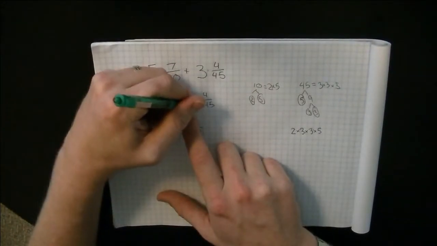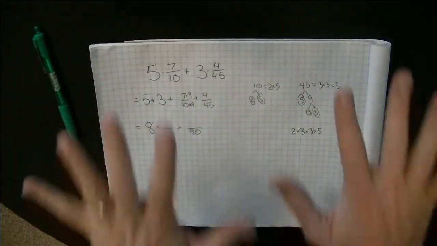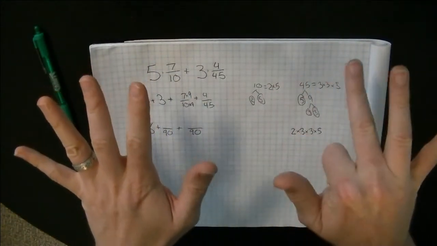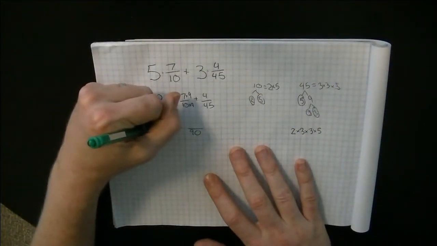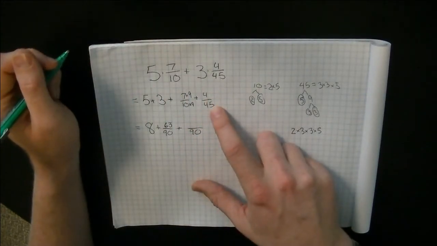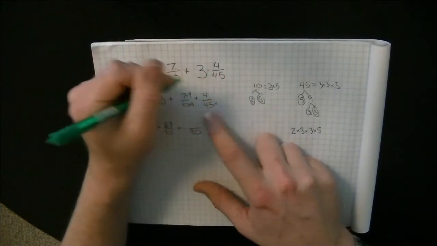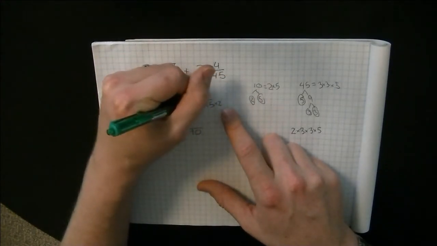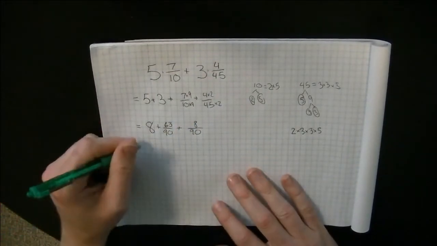So I multiply 10 times 9 to get 90, so I need to multiply 7 times 9 to get 90. Okay, so it's the 9 trick again. All right, so that's going to be, what's this, 63. 63 is 7 times 9. And then I've got 45 was being multiplied by 2, so I need to multiply the 4 times 2, so that's going to be 8.